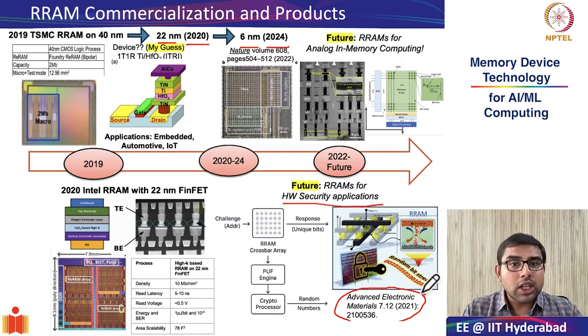And the promise is, by using analog computing, you will be able to drastically reduce the power consumption for running AI/ML algorithms. But this we will discuss in the last part of our course. So stay tuned for that.